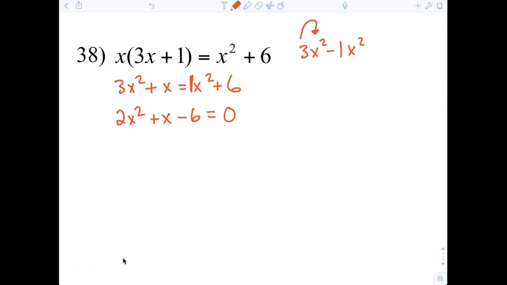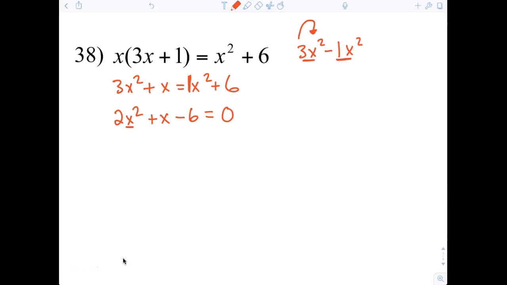That tells you how many x squareds there are. The number 3 says, hey, I have 3 of these. And I'm subtracting 1. So I have how many left? 2 what? What do I have 2 of? That's why you do it that way. I have 3x squared minus 1x squared, which is 2x squared.